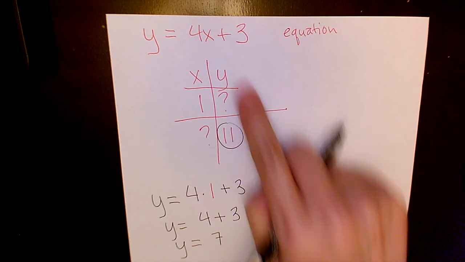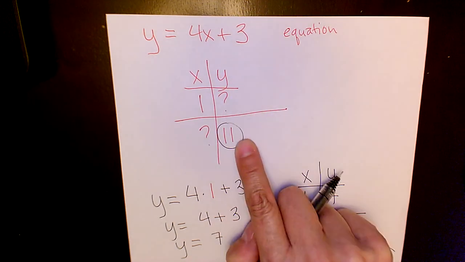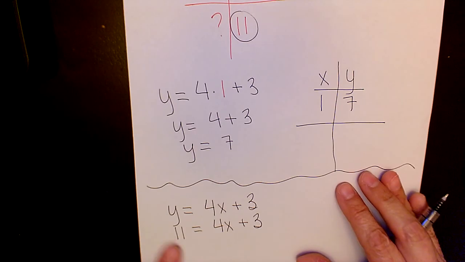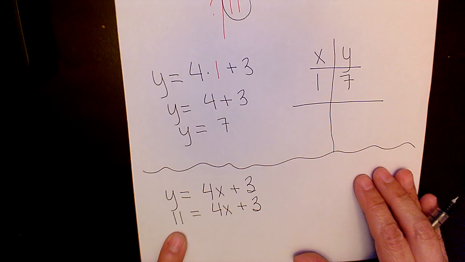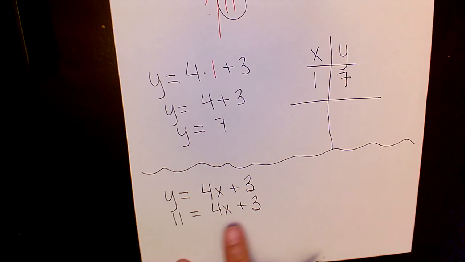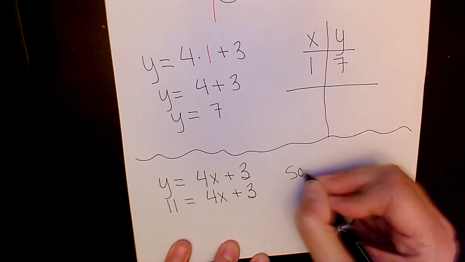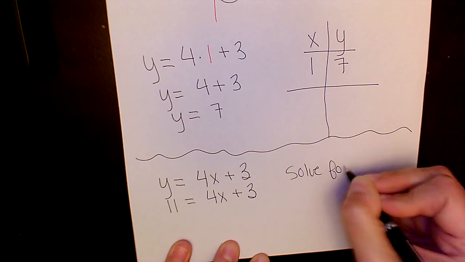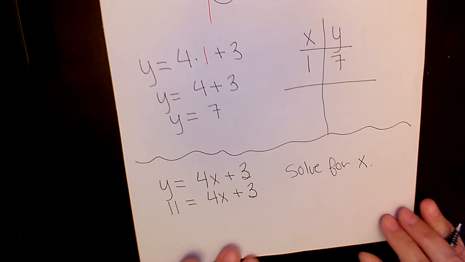I know it's y because it's in the y column. So I'm replacing the y in the equation with 11, and then I'm just writing down the rest, 4x plus 3. And now I want to solve for x.